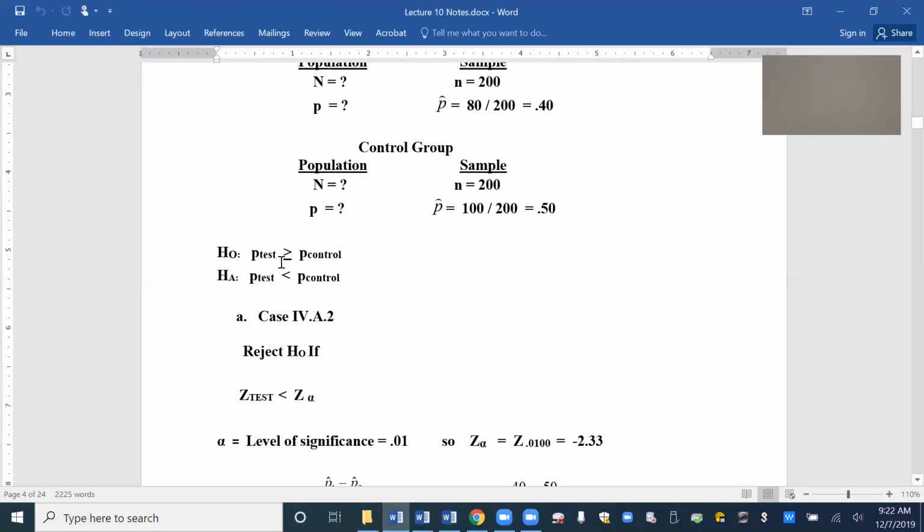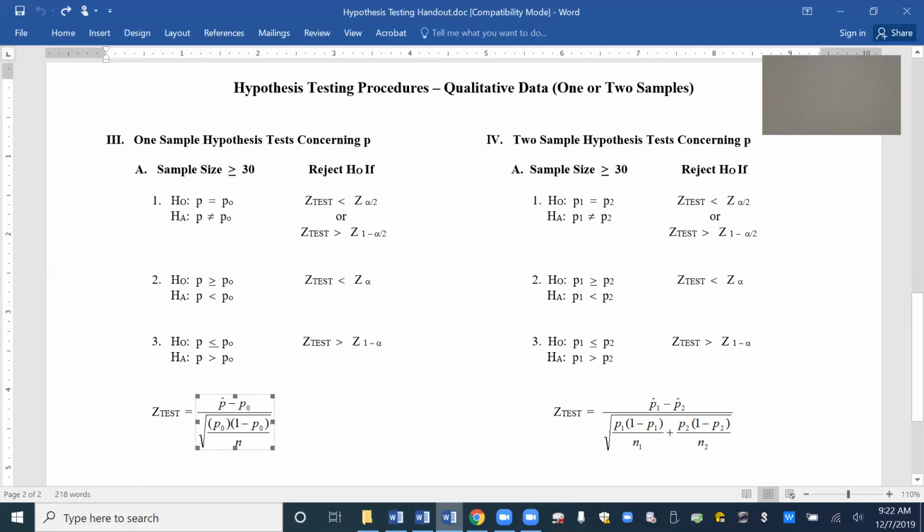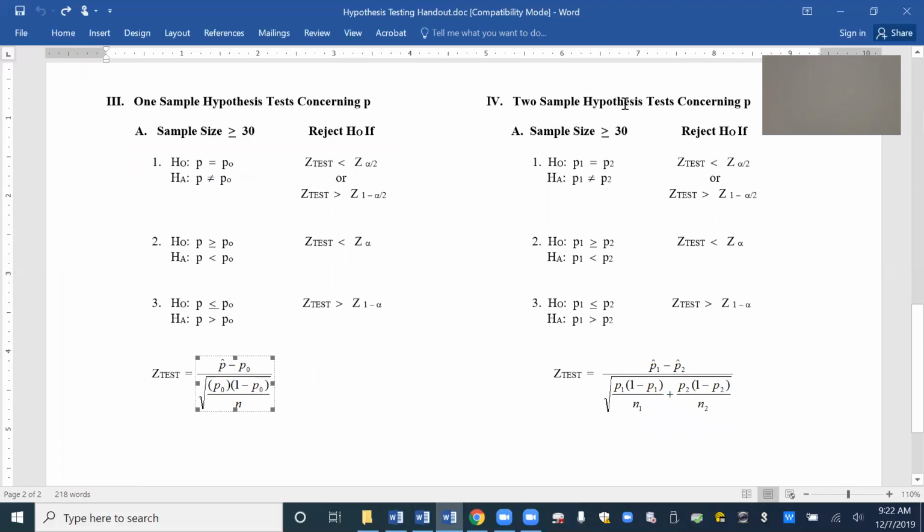Now, when we go to figure out which case it is, we find out it's a hypothesis test. It is about qualitative data, but it is about 2 samples. So we're over here in number 4. Both were greater than 30. If we had chosen the not equal, then you are going to be dividing by 2.